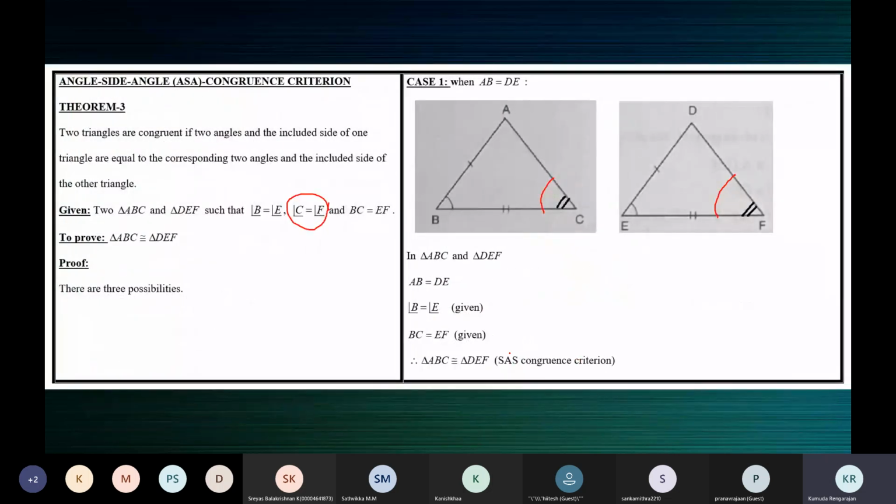ASA, which is proved using SAS. It's as if we only know this rule, and we have to validate the ASA congruence criterion using SAS.